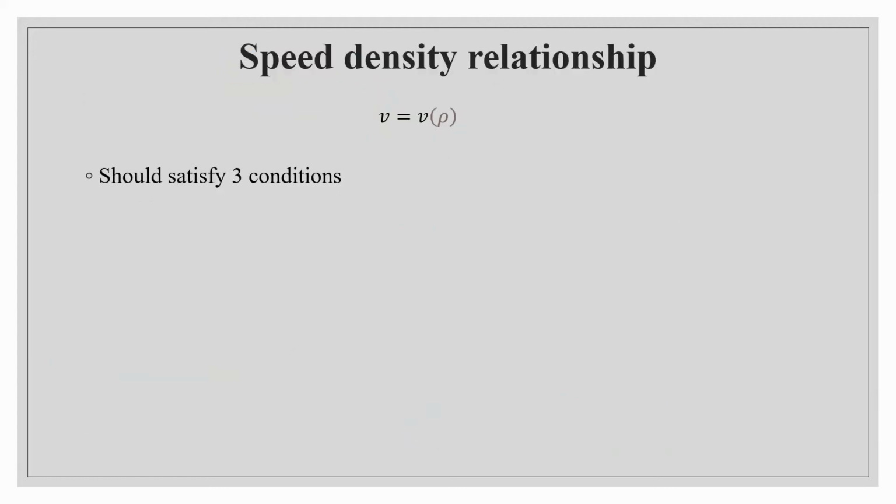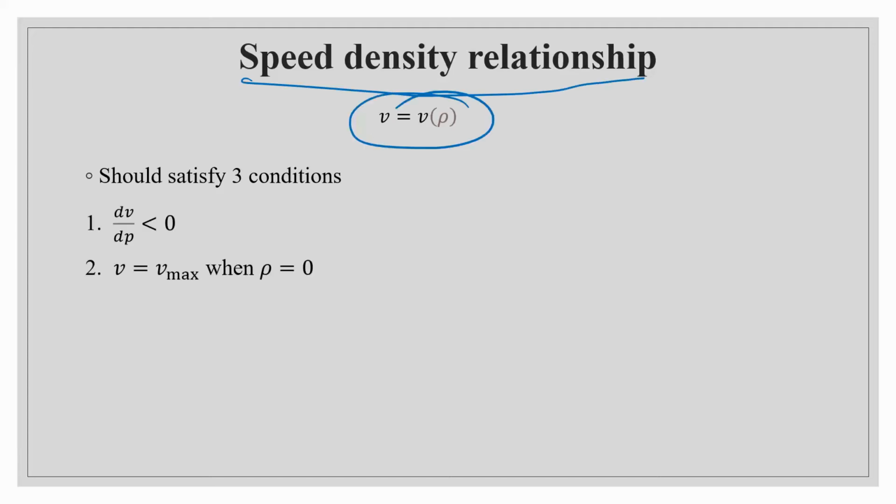So here is the speed density relationship. It was seen that these three conditions should be satisfied for a speed density relationship. Any speed density relationship we give, we must make sure that these conditions are more or less satisfied. So what are these three conditions?